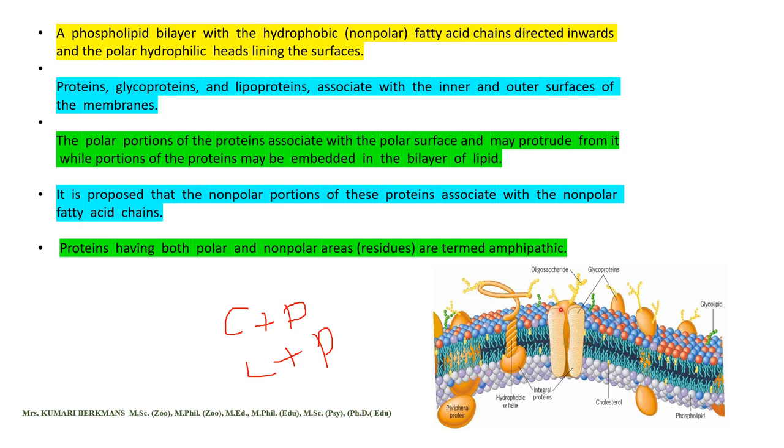If you see this, this protein is embedded inside the membrane, and some part of the protein extrudes outside of the cell and inside the cell, and some part is embedded inside the cell membrane. The polar portion of the proteins is associated with the polar surface and may protrude from it, while portions of the protein may be embedded in the bilipid layer. This is what is called the bilipid layer.